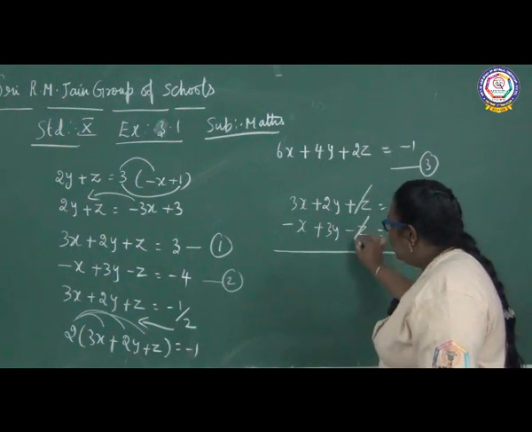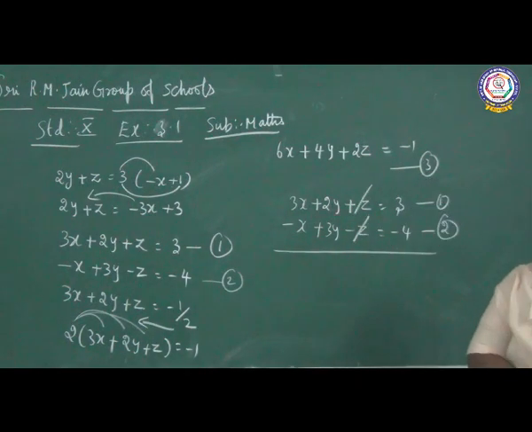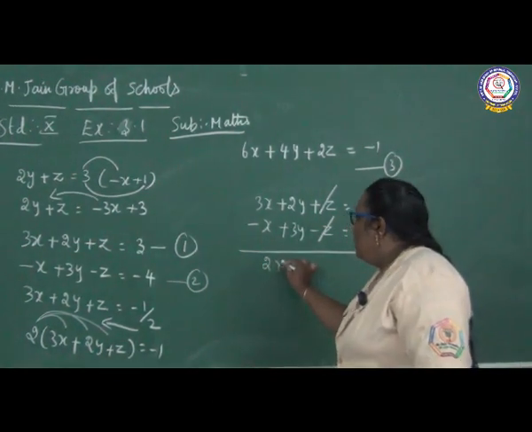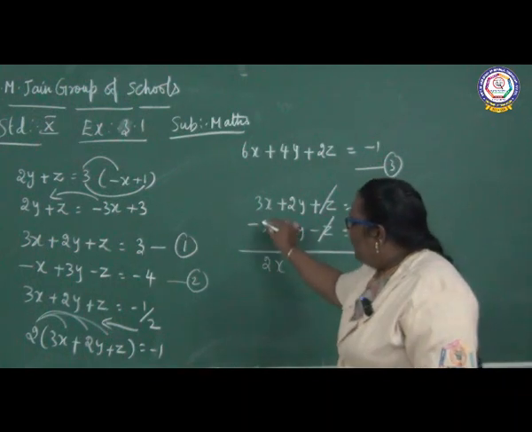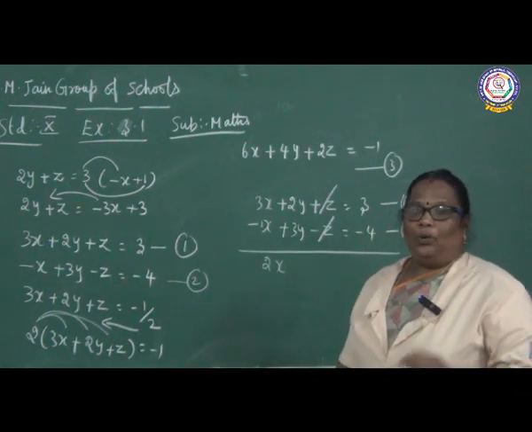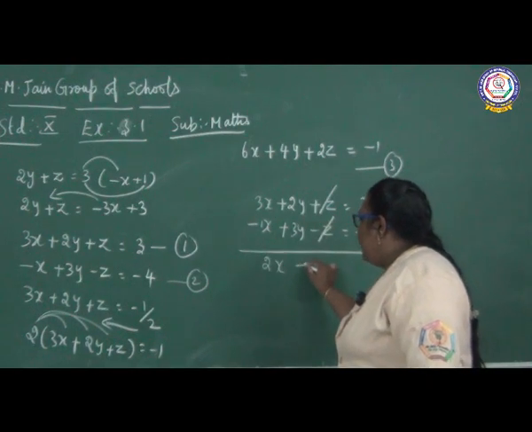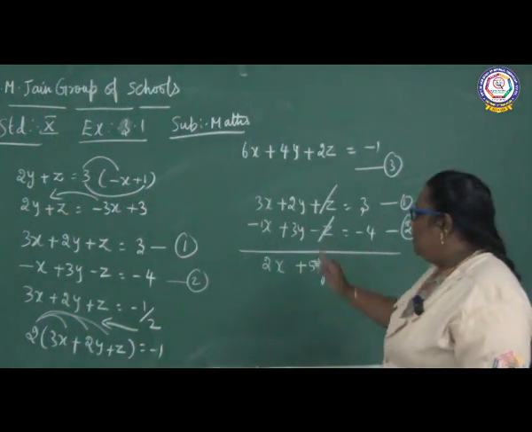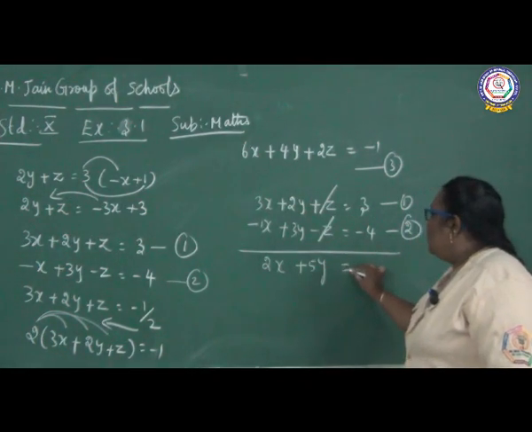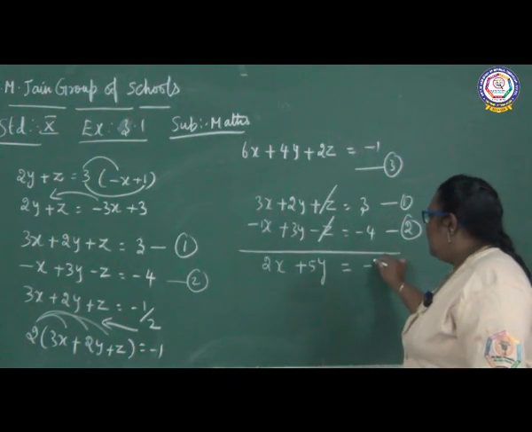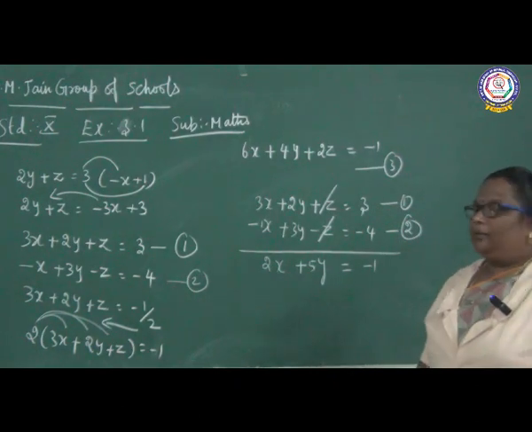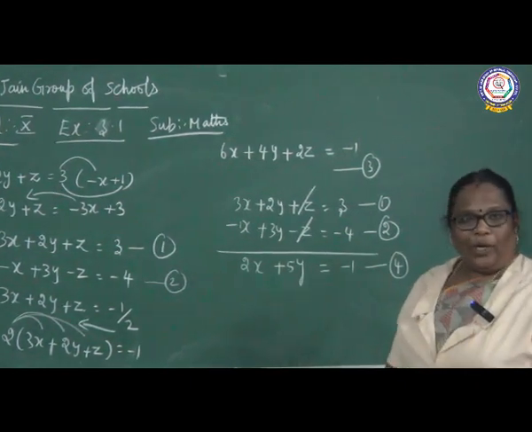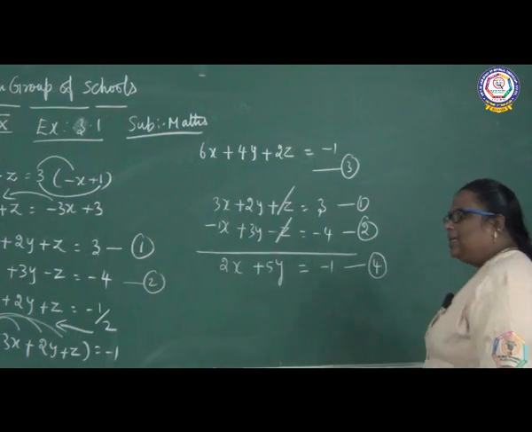Adding, plus z and minus z get cancelled. What is the final thing? 3x minus 1x is nothing but 2x. 2y plus 3y is nothing but 5y. So 2x plus 5y equal to 3 minus 4, which is minus 1. You can take this as the fourth equation.